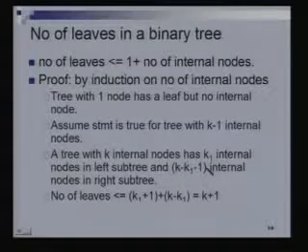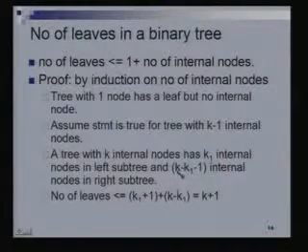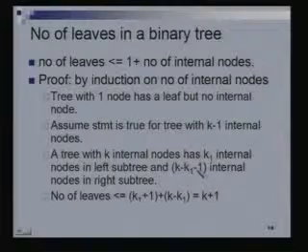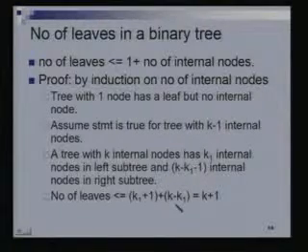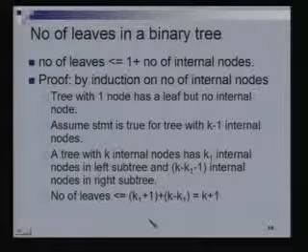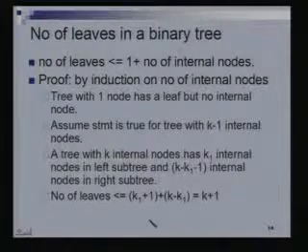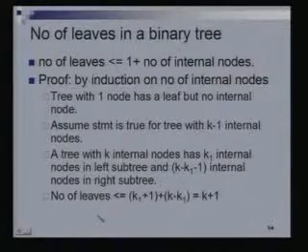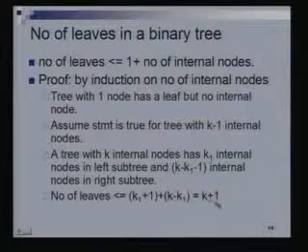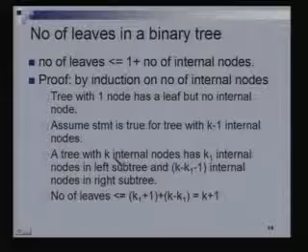And in the right subtree, the number of leaves is less than or equal to k minus k1 minus 1 plus 1, which is k minus k1. The total number of leaves is just the sum of these two. All the leaves are either in the left subtree or in the right subtree, nowhere else. So the total number of leaves is at most k plus 1, which is what we wanted to prove, since we started off with a tree with k internal nodes.